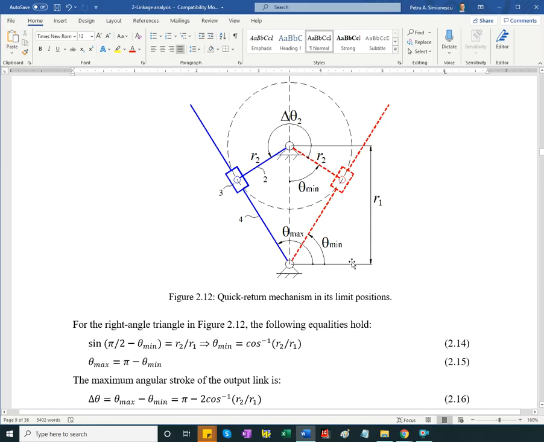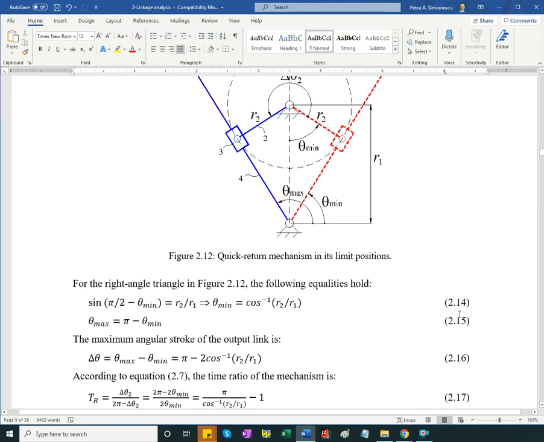I have this perpendicular to this and this perpendicular to this, so this angle and this angle are equal. Because of symmetry, this angle is also theta min, and this angle would be equal to this angle. The line of centers is the bisector to this angle formed with the output link in the limit positions.